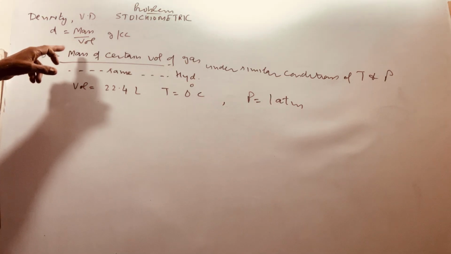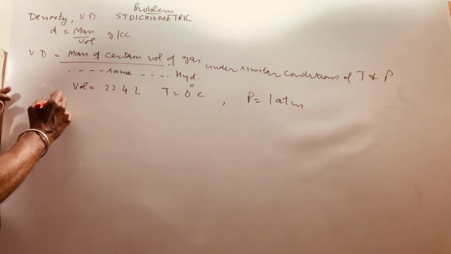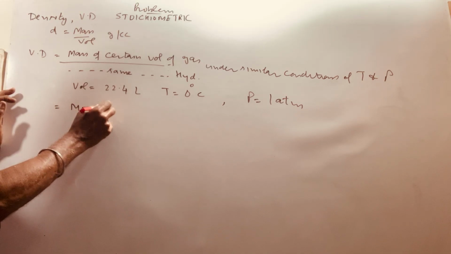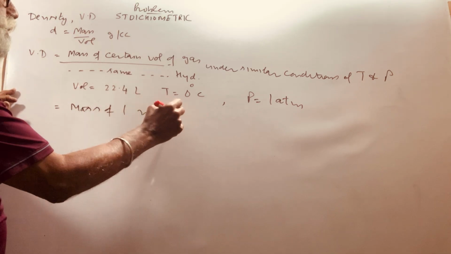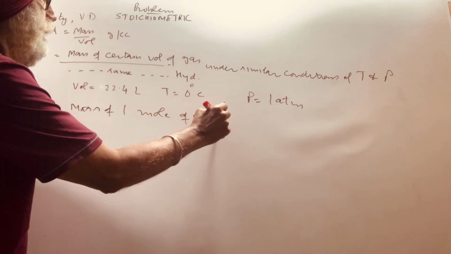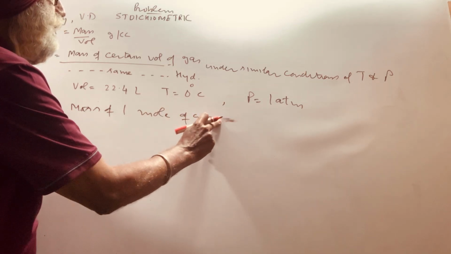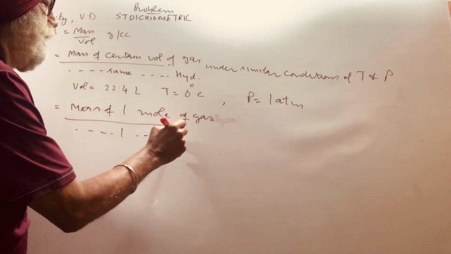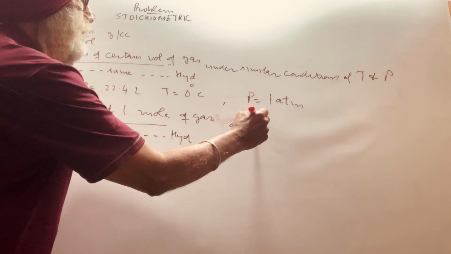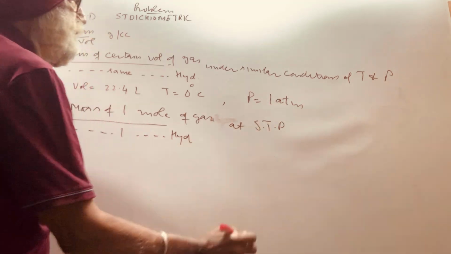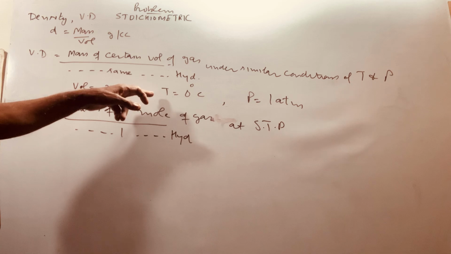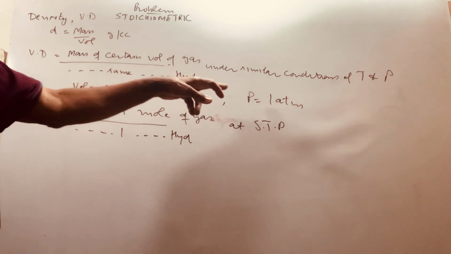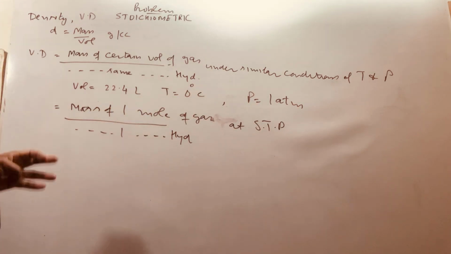Then this will be the mass of 1 mole of gas over the mass of 1 mole of hydrogen at STP, because at STP temperature is 0 degrees Celsius, volume is 22.4 liter for 1 mole, and pressure is 1 atmosphere. So this is 1 mole.